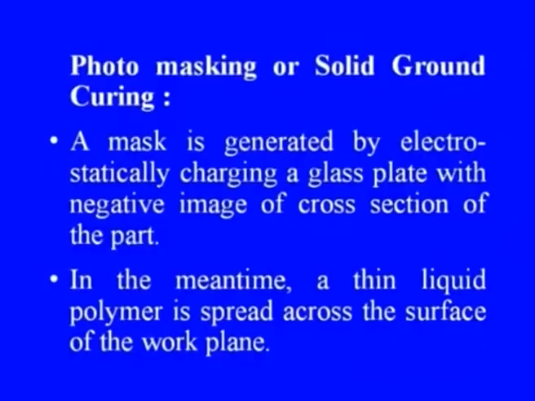Now, let us look at briefly what photo masking or solid ground curing technique is all about. A mask is generated in this process by electrostatically charging a glass plate with negative image of cross section of the part. In the meantime, a thin liquid polymer is sprayed across the surface of the work plane.